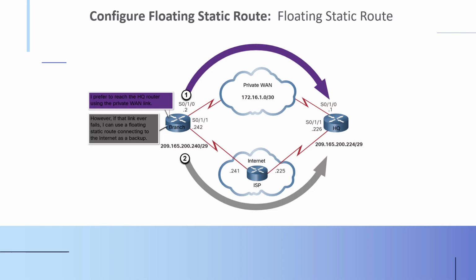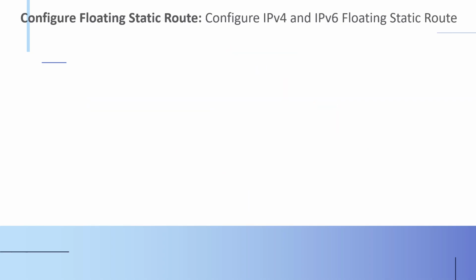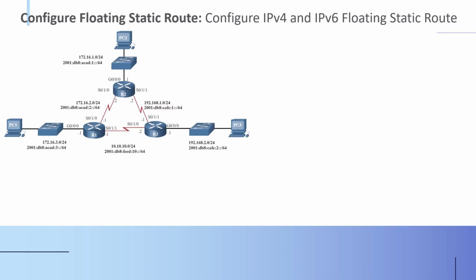So let's go and configure these floating static routes for the IPv4 and IPv6 networks. When we configure the IP floating static routes, we will use the distance argument to specify an administrative distance. If no administrative distance is configured, then the default value will be 1. Let's refer to this topology, and we will configure the ip route and ipv6 route commands for router 1.